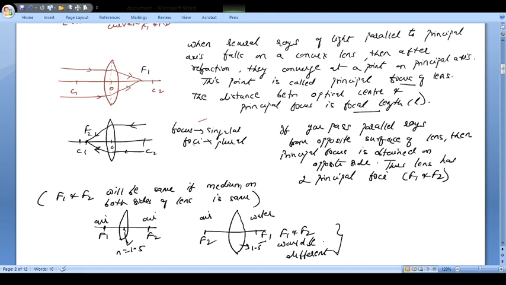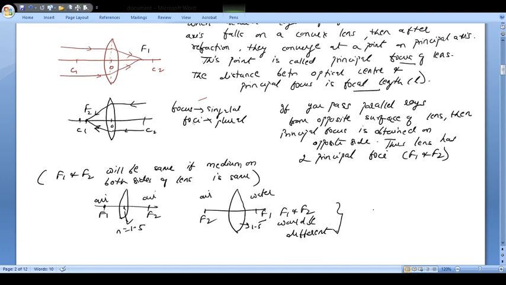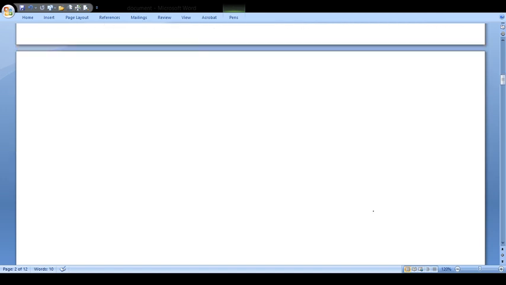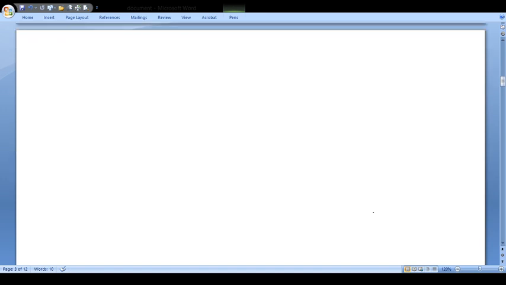Now let's try to see the same thing for a concave lens. If you try to explain what is principal focus for concave lens, this is the concave lens. The rays which are parallel to principal axis, here this is the principal axis, this is optical center, say this is C1 and this is C2.